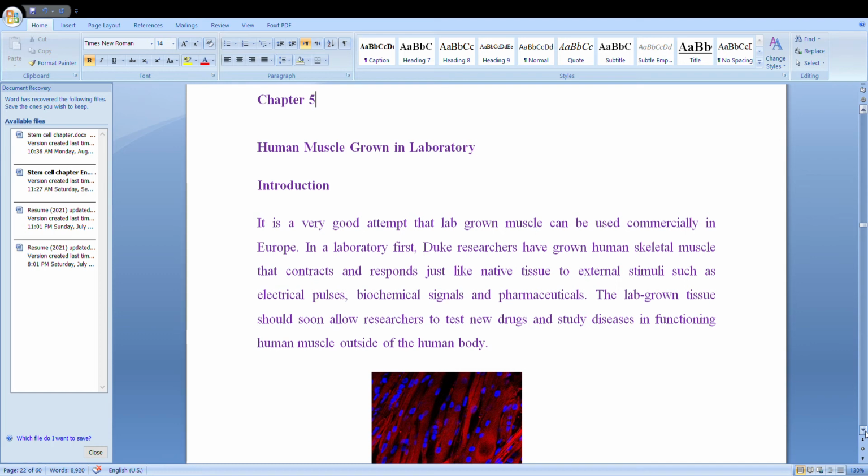The lab-grown tissue should soon allow researchers to test new drugs and study diseases in functioning human muscles outside of the human body.